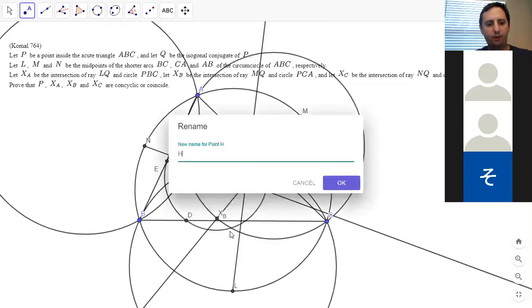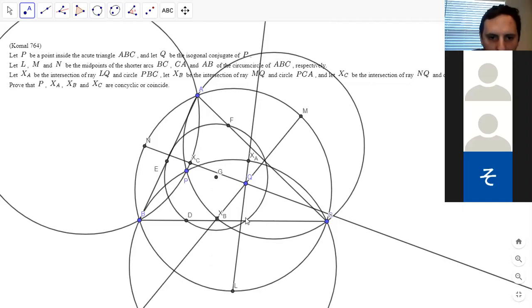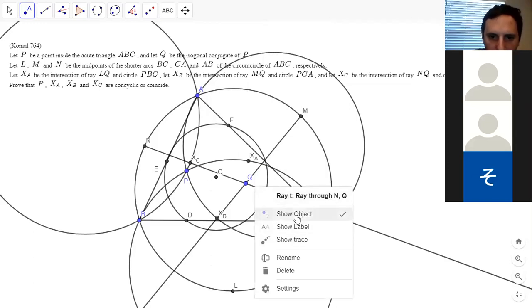And we want to show that those are all cyclic. It's kind of interesting. All right, so I'm going to hide the extra stuff.